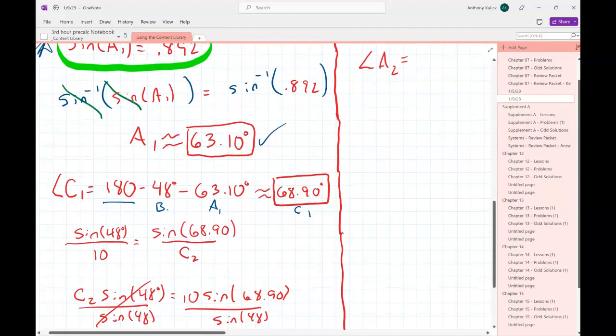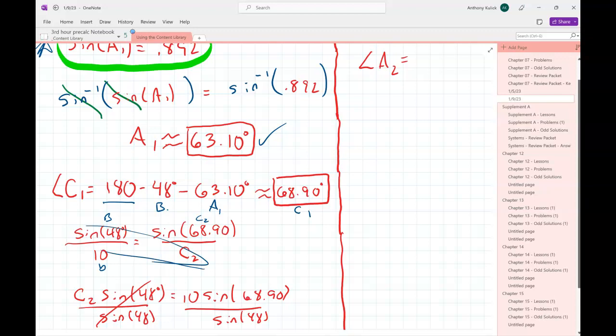Now that I have that, I can set up another law of sines, where I did sine of B over b equals sine of C over c. And again, to solve this, I'm going to cross multiply and then divide. So c times sine 48 equals 10 times sine 68.9.